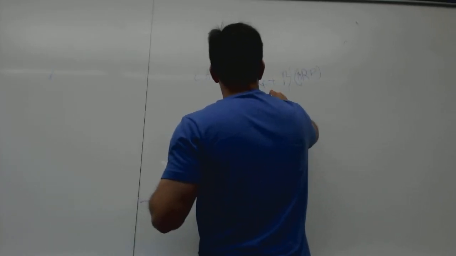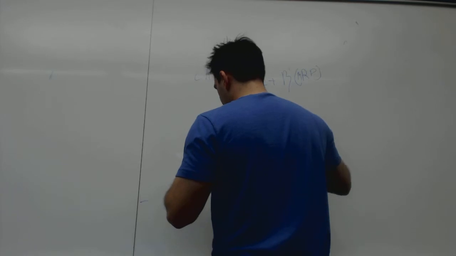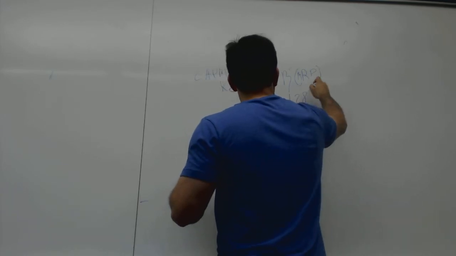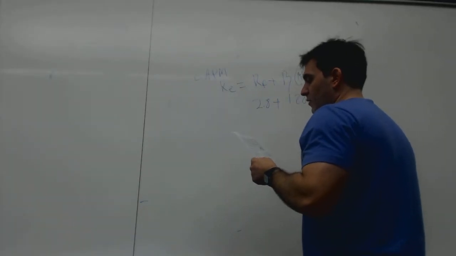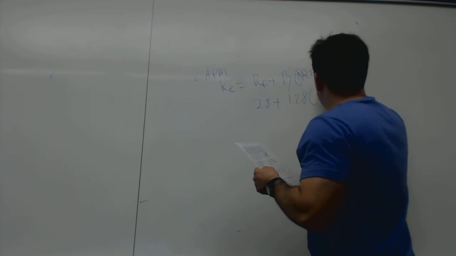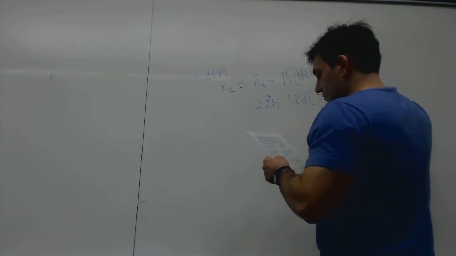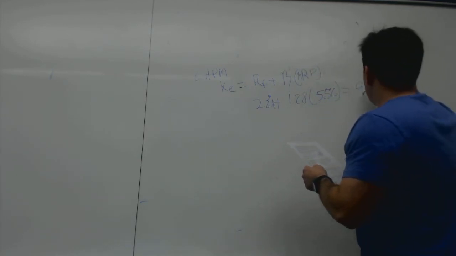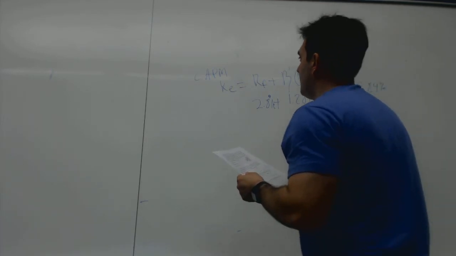So we have 2.8 plus the company's beta of 1.28 times the equity risk premium. It said the one applicable to the CAPM is 5.5. So this gives us 9.84%.